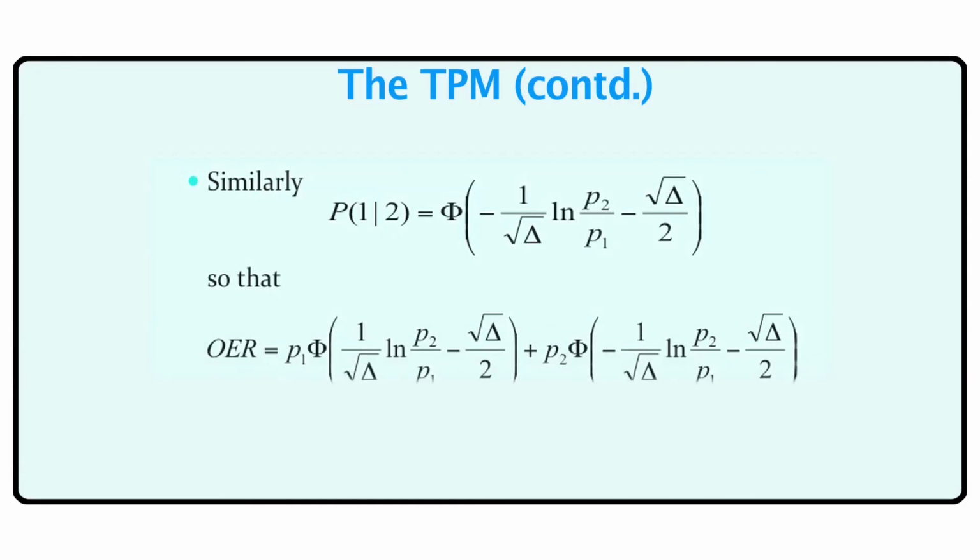And this leads to the OER, which is P1 times the probability of 2 given 1 plus P2 times the probability of 1 given 2, and this would be the expression for the OER. The smaller the OER, the better the rule. And if you look at the OER, this gives you how good your classification rule is.